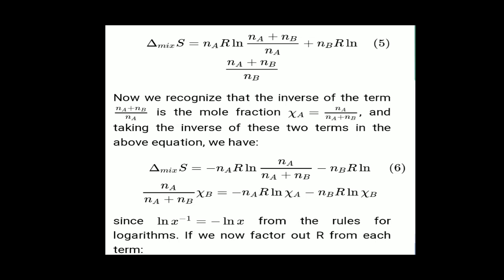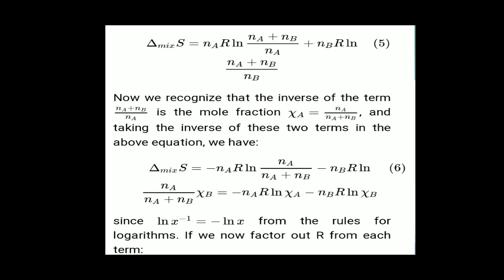Taking the inverse of these two terms in the above equations, delta S mixture is equal to minus Na R log Na by Na plus Nb minus Nb R log Nb by Na plus Nb, which is equal to minus Na R log Xa minus Nb R log Xb.